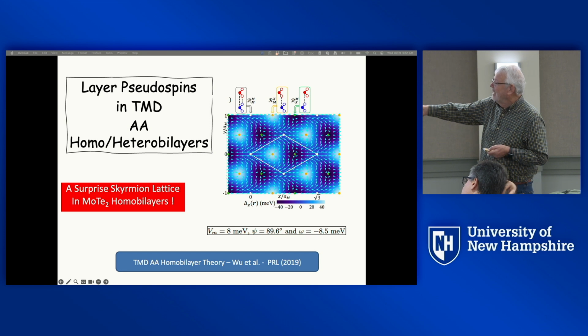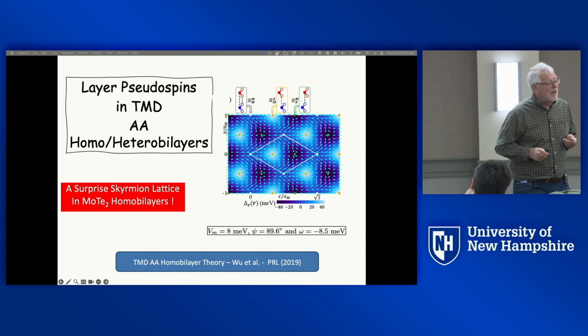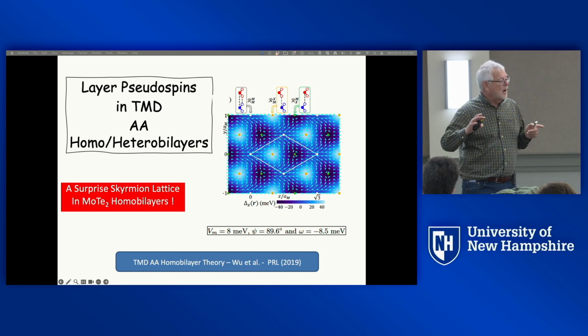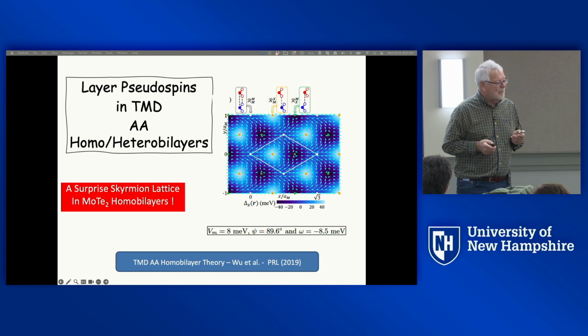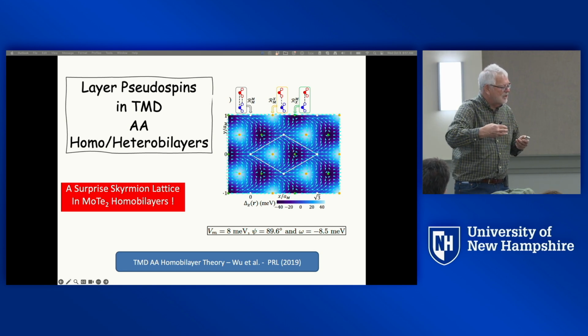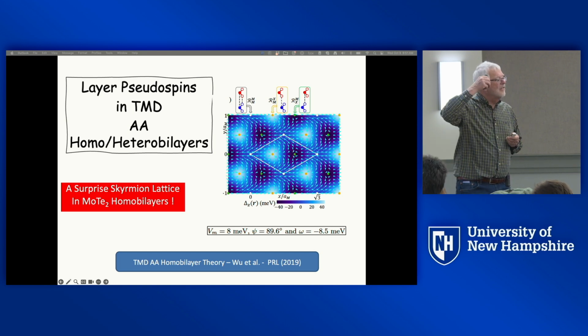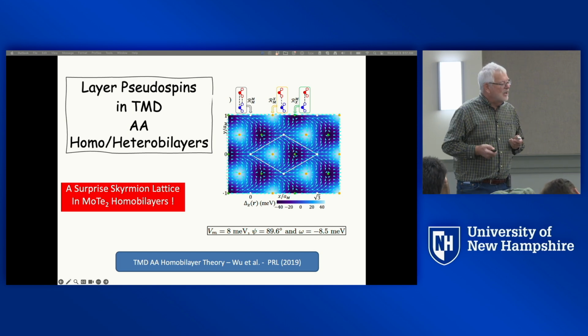And in between, the local layer-dependent Hamiltonian describes an effective magnetic field that points in certain directions, and that object is topological. Its directions cover the unit sphere once in every unit cell.